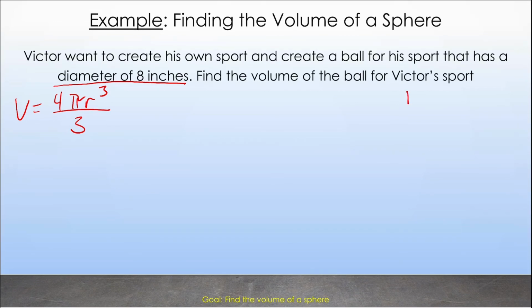Okay, so if the diameter is 8, we know my radius is 4. So volume equals 4 times pi times my radius cubed, all divided by 3.